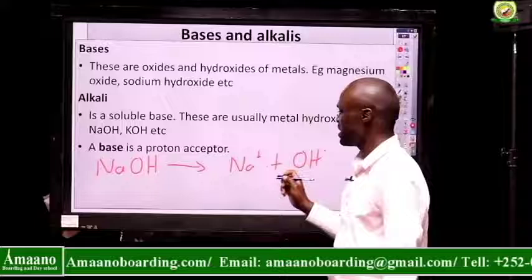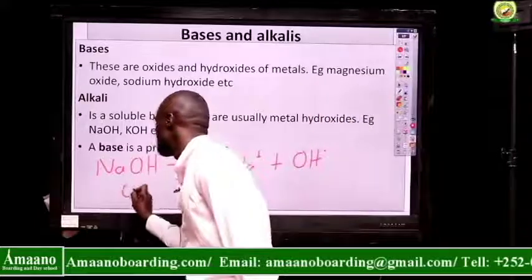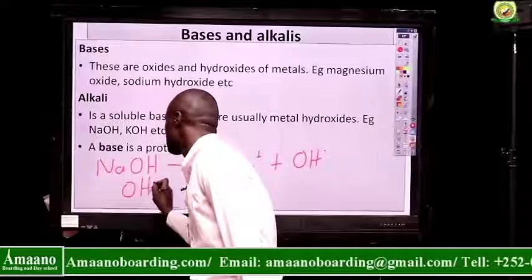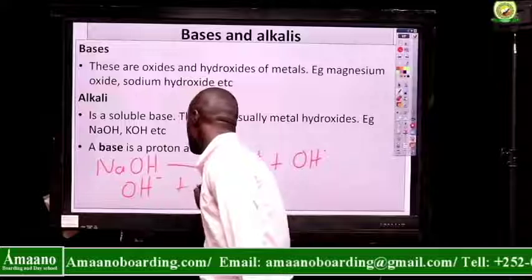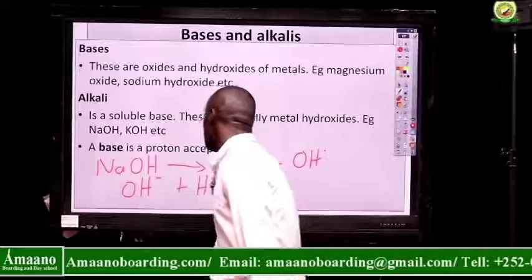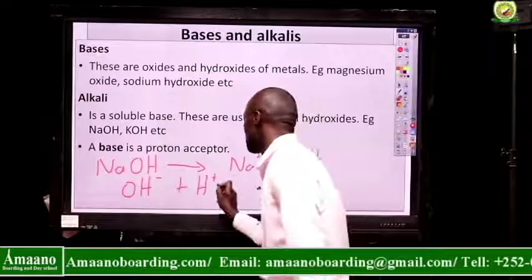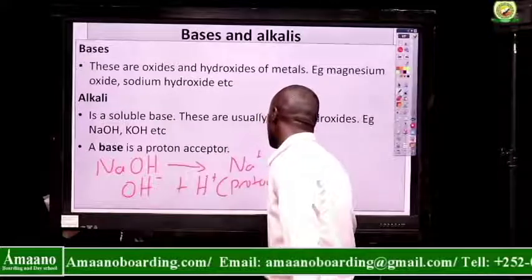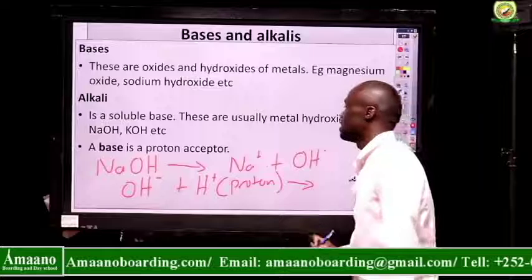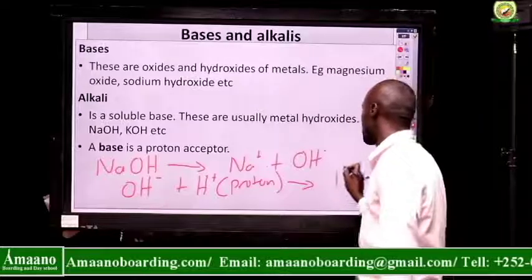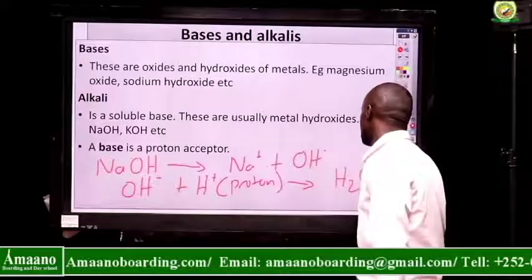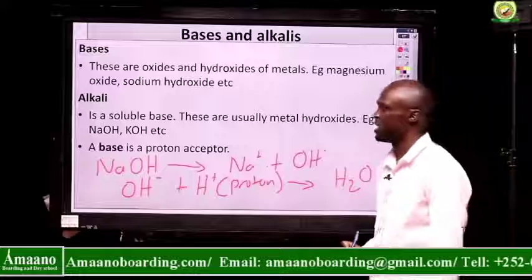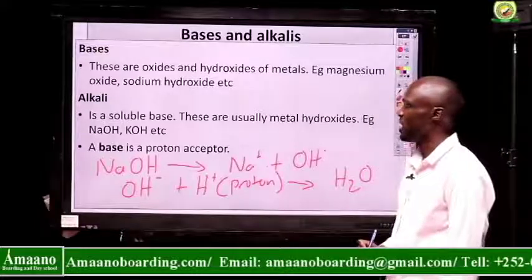Then these hydroxide ions that are formed will accept a proton. This hydrogen ion is what we call a proton. So they will accept it, and then they will form water. So that's why we call bases proton acceptors.